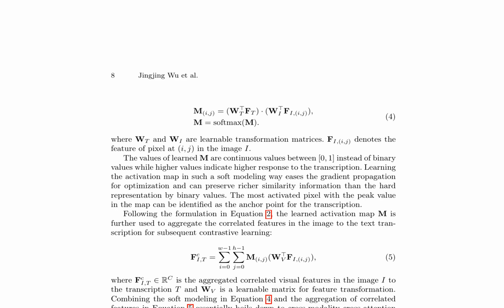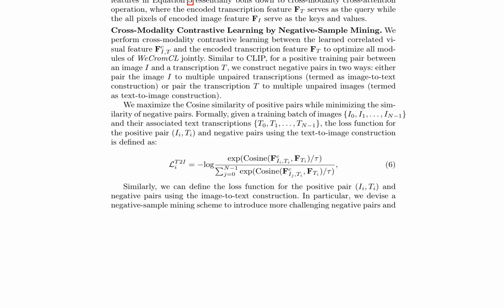The activation map is then used to aggregate correlated features in the image to the text transcription, effectively performing a cross-modality cross-attention operation. The authors also propose a cross-modality contrastive learning strategy by negative sample mining, where they construct negative pairs in two ways: image-to-text and text-to-image constructions.